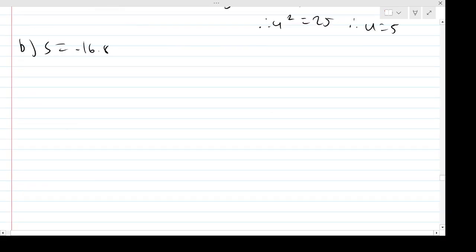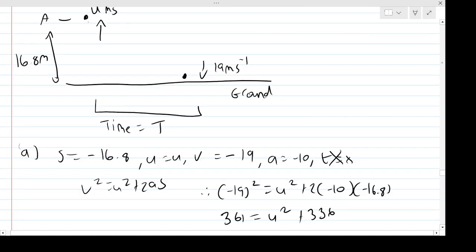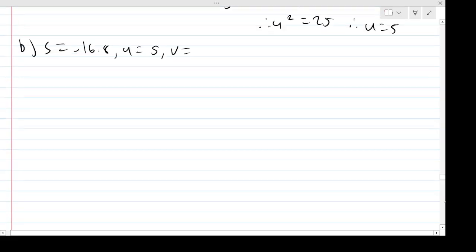So negative 16.8. U, well, we know what u is now, it's 5. V, we also know what v is. Again, it's going to be negative 19. We know that the acceleration is minus 10. And t is what we want to work out.